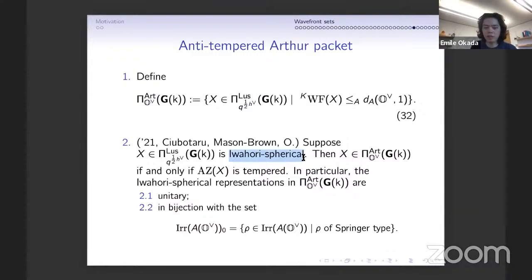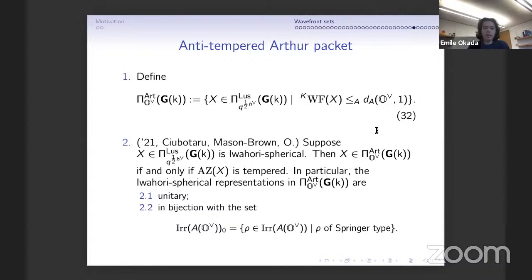We expect this should hold for all representations with this infinitesimal character, in which case the packet would just be described by the irreducible representations of this component group. This restriction that it's of Springer type is just to pick out the Iwahori-spherical ones.